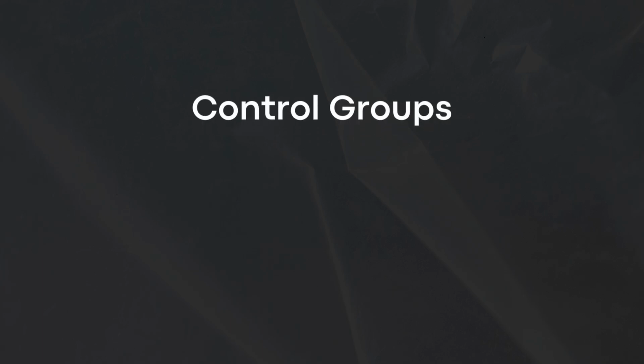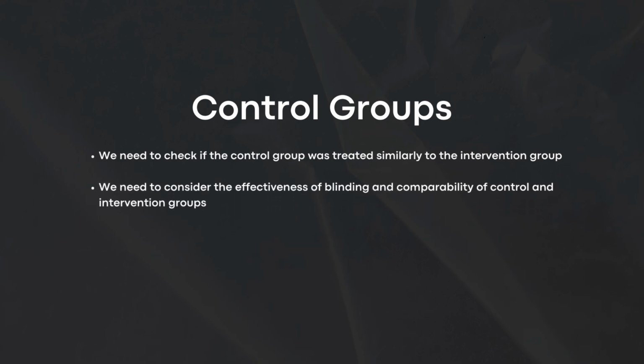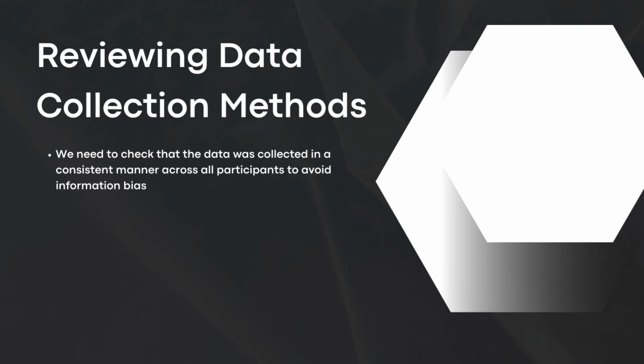When it comes to control groups, we need to check if the control group was treated similarly to the intervention group. And also, we need to consider the effectiveness of blinding and comparability of control and intervention groups. After evaluating the study design, we will move to review the data collection methods. We need to check if data was collected in a consistent manner across all participants to avoid information bias.